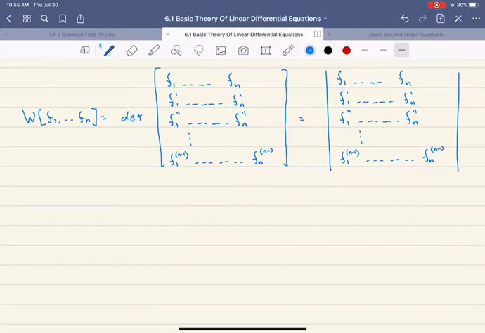Okay, so let's take our theorem that we want to talk about, the Wronskian.